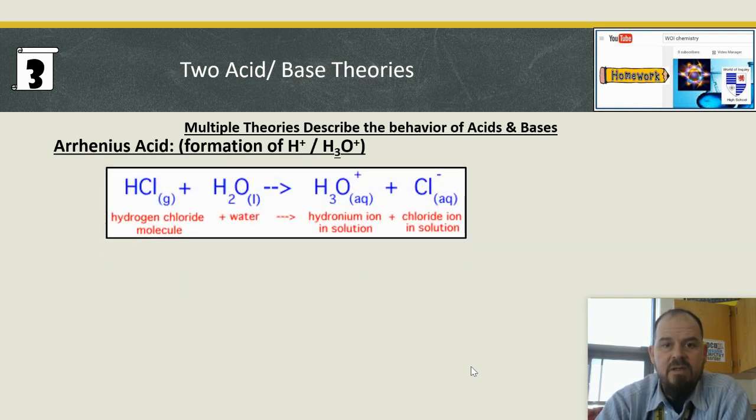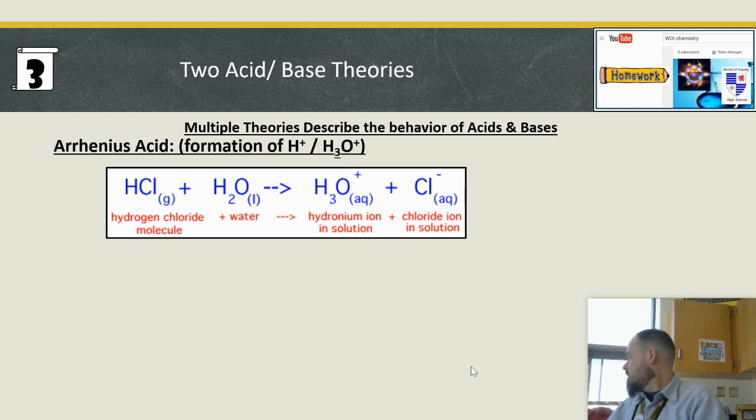So this particular graphic shows you what's going on. I do have a packet here, so let me just double check to make sure if I actually want you to write this down. It looks like you have some room where it says general rules for acids and bases.